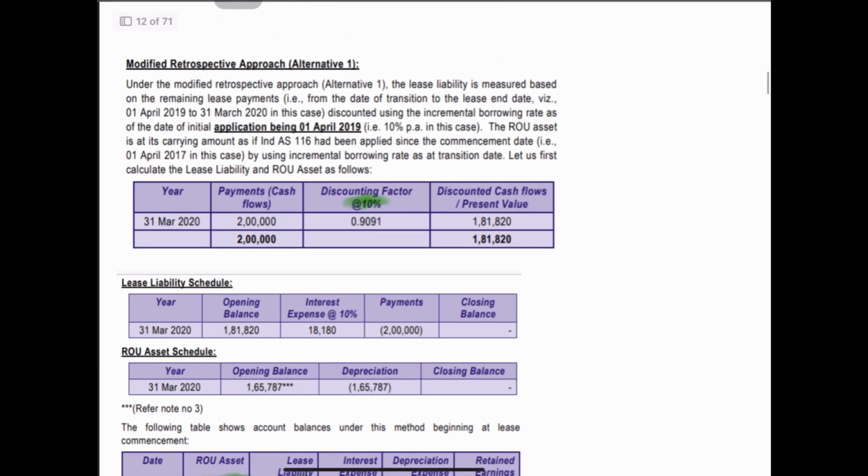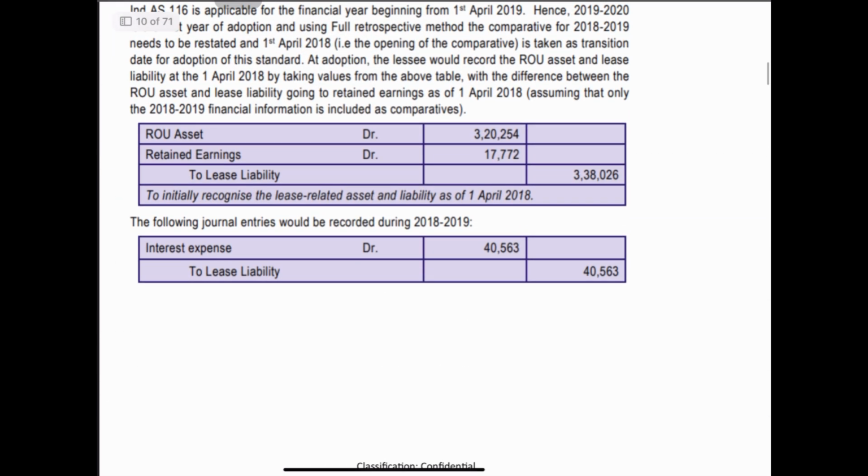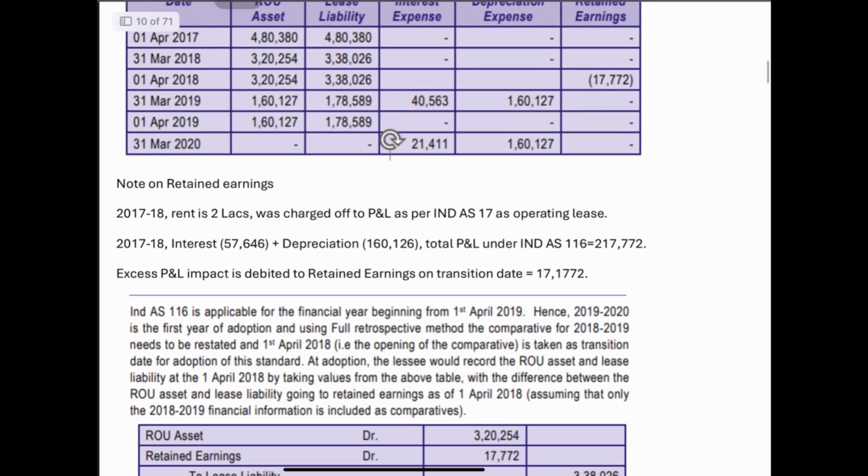Maybe I will also quickly run through how this difference can be computed. This is how it will be computed. In 2017-18 your rent is 2 lakh, which was charged off to P&L as per the original method.